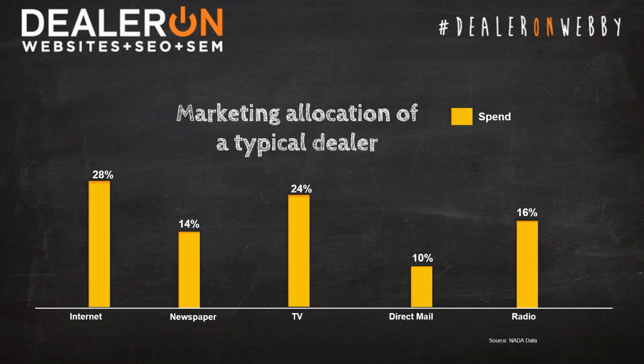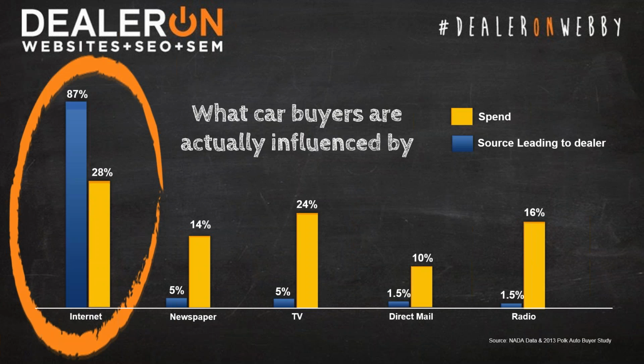Now, I'm not just reviewing this to talk about it. I've got a very important and critical point here. Even though people are showing 70% spend in traditional channels, when you actually survey consumers who come to a dealership and buy a new car, and this is even more skewed if you just survey used car buyers, you find that 87% of the people who came in and bought a vehicle said that the marketing channel the dealer was using that brought them to the dealership that day was the internet.